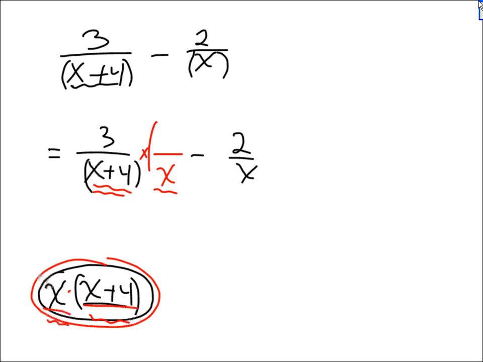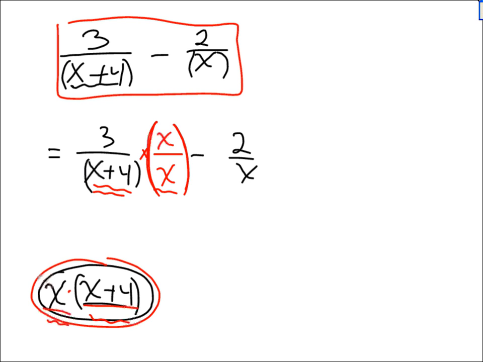Whatever is in the bottom must be on the top. X over x is 1. We're assuming x is not 0. After all, if x were 0, the beginning problem makes no sense anyway.